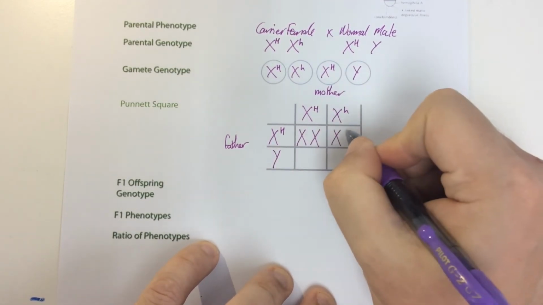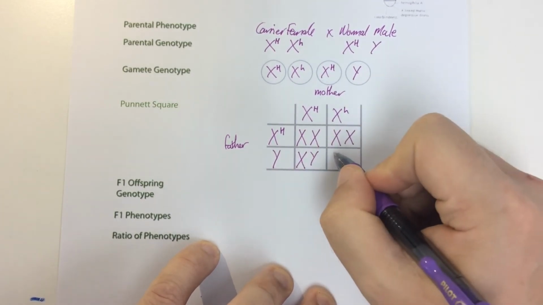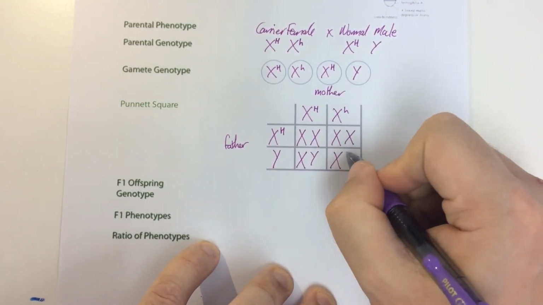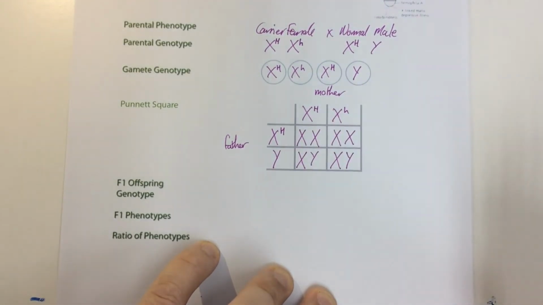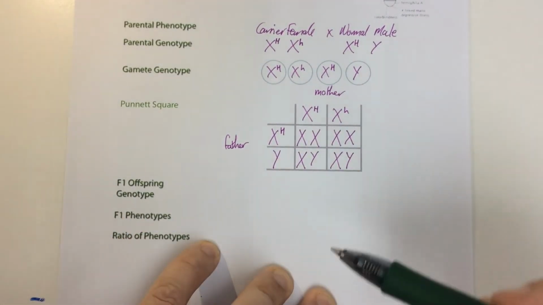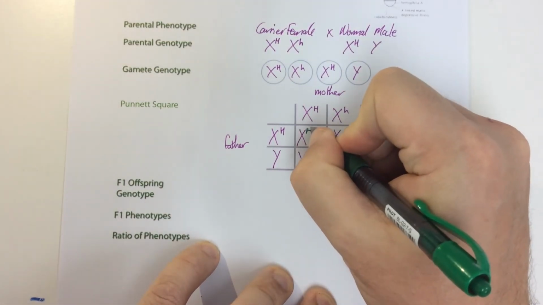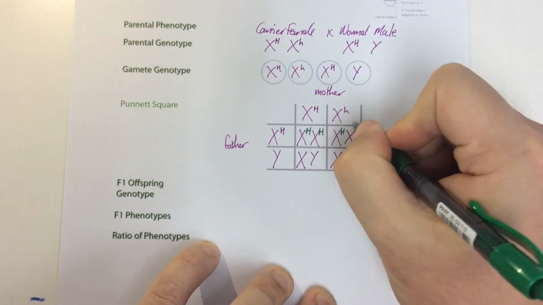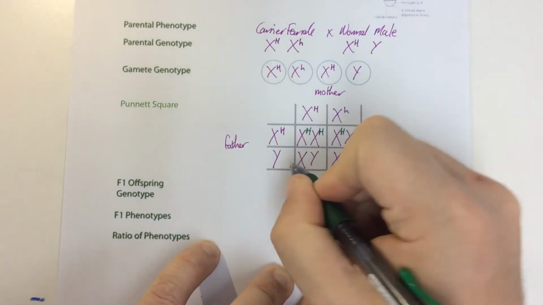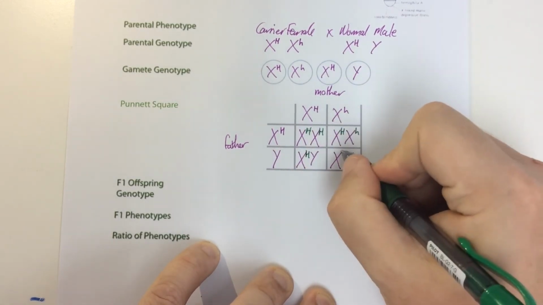X and X, X and Y, which gives us our 50% chance of male or female offspring. And now I'm going to bring in my alleles. I'll use a different color here so it stands out a bit better. There's superscript big H, little h, and we've got big H there and a little h there.